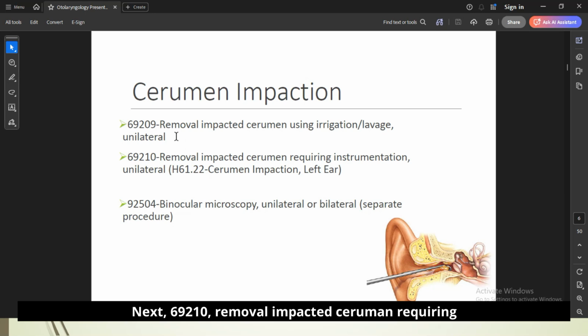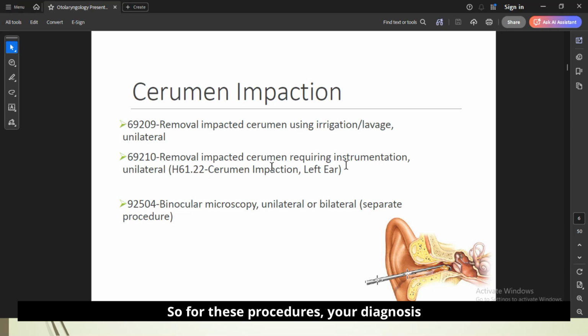Next, 69210, removal of impacted cerumen requiring instrumentation, unilateral. This is the instrumentation. Here the physician will insert this instrument and remove the cerumen. Cerumen means earwax.